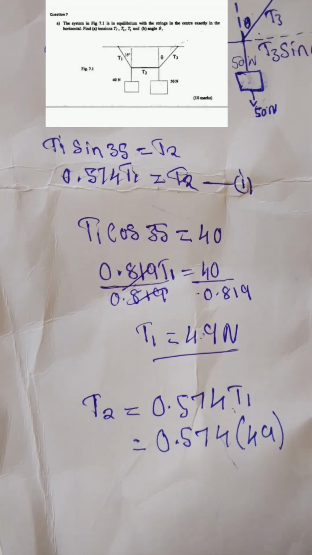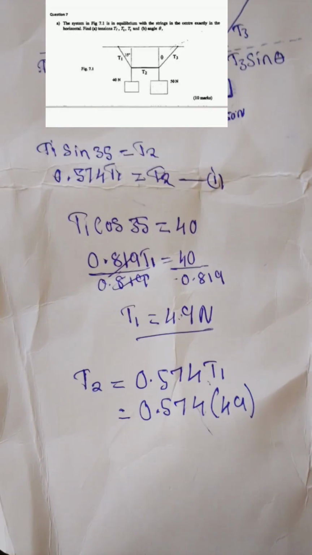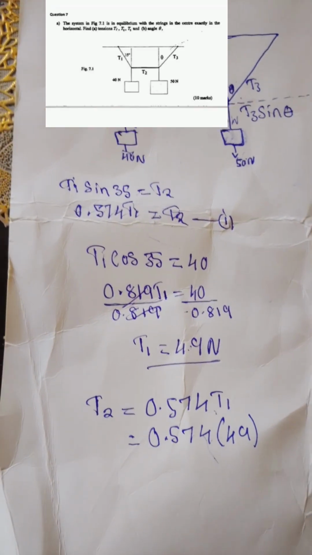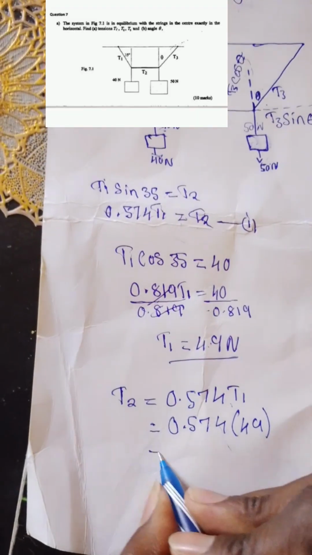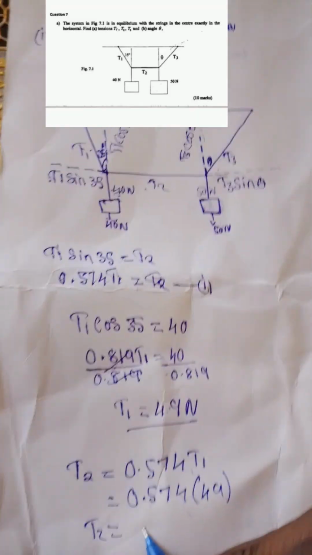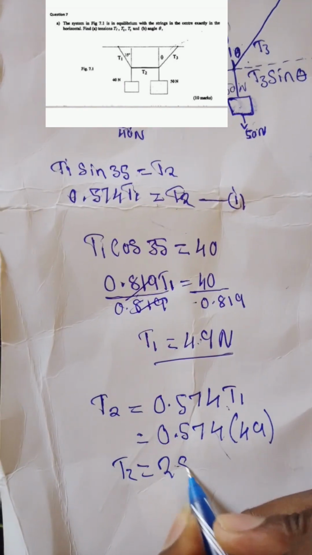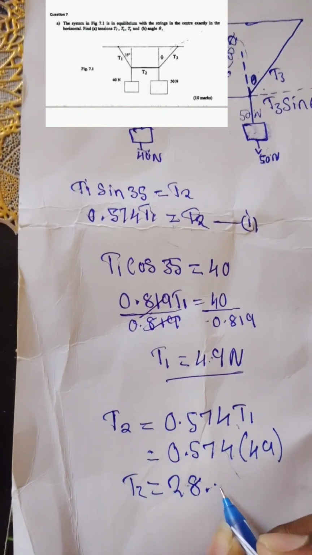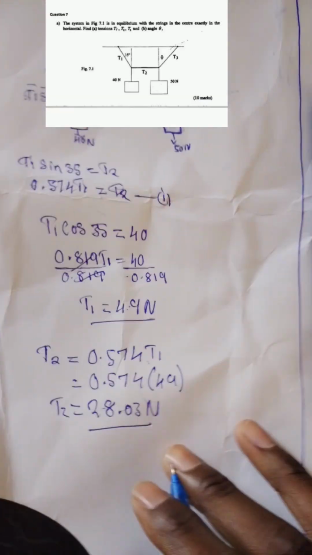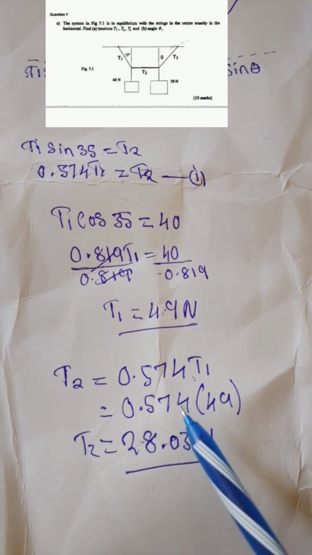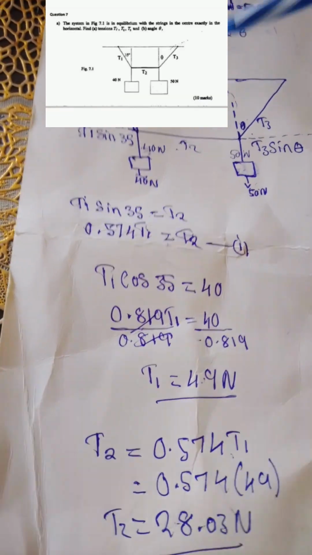So 49 times 0.574 will give us T2 as 28.03 newtons. So we found T1 and T2, right?